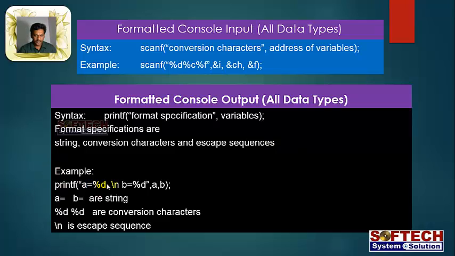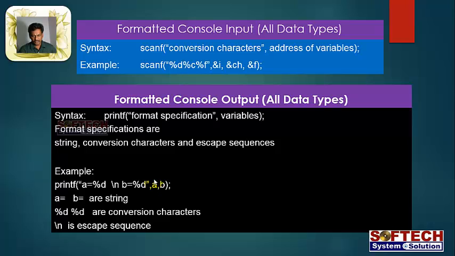Example: printf a equal to percentage d. "a equal to" is a string, percentage d is a conversion character, and backslash n is an escape sequence that indicates a new line. Then b equal to is a string, percentage d is a conversion character, and the list of variables is a comma b.